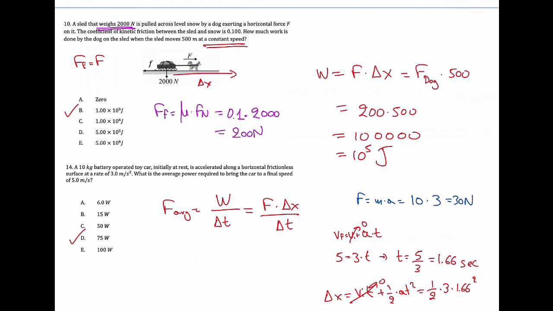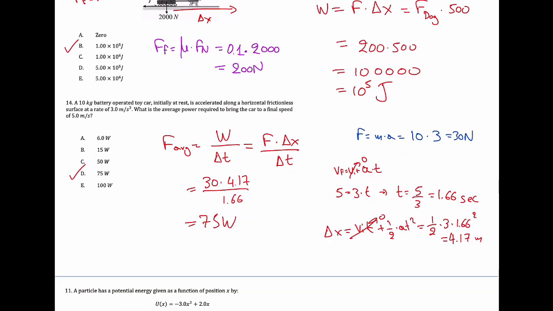The result is 4.17 meters. So the force is 30, the distance is 4.17, and the time is 1.66. So 30 times 4.17 divided by 1.66, the result again is 75 watt, as we expected with the previous method.